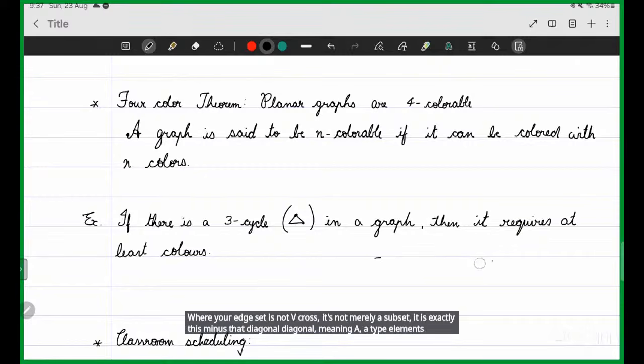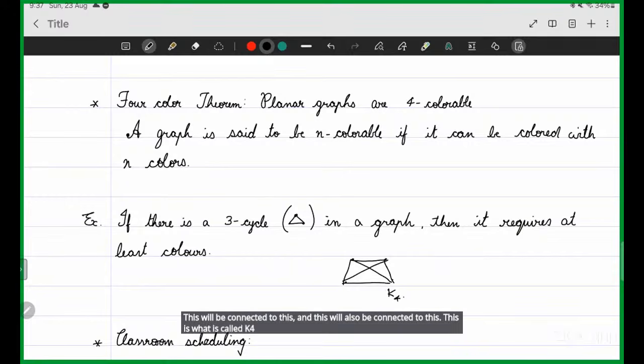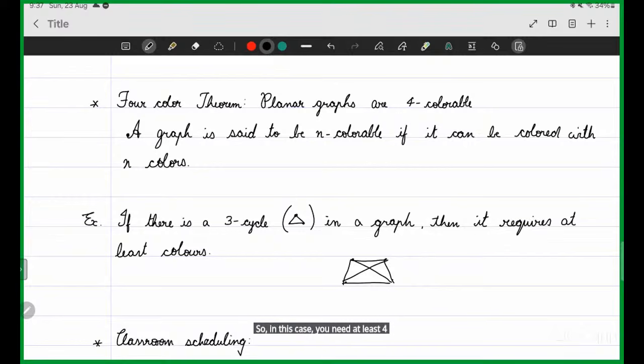Every vertex is connected to every other vertex. Take for example 4: this is connected to this, this to this, and so on. This is what is called K4. In this case, you need at least 4 colors. Why is that? Because everything touches each other.